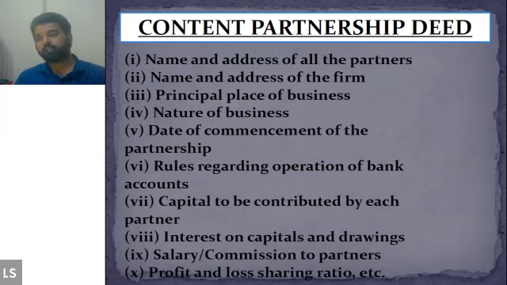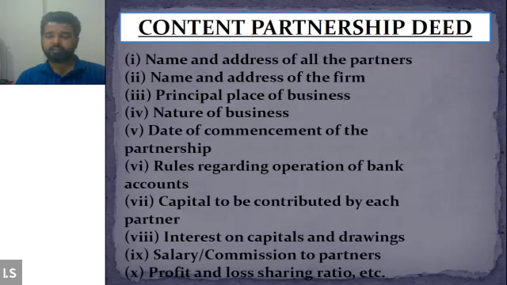So these are the various contents of the partnership deed. Just keep this in mind: whether interest will be paid, salary will be paid, commission, or profit, in what ratio profit will be shared, everything is specified under the partnership deed.